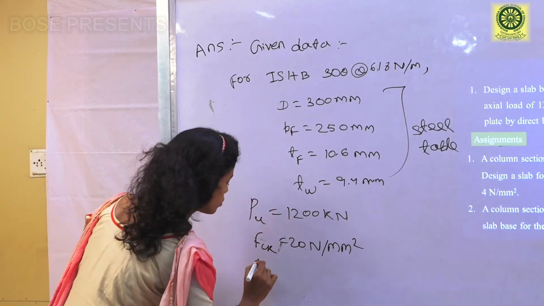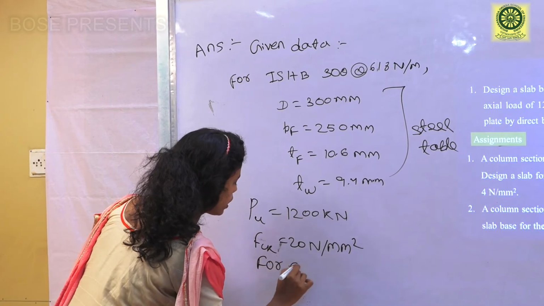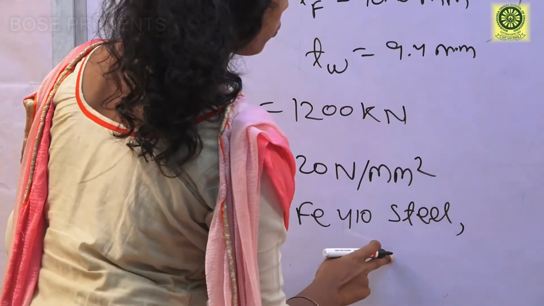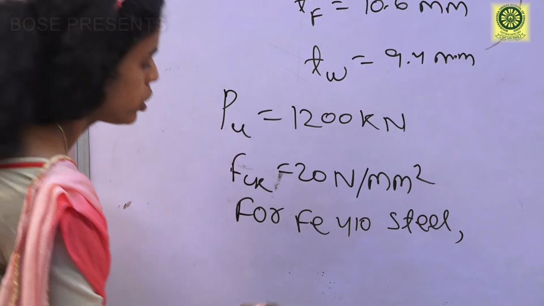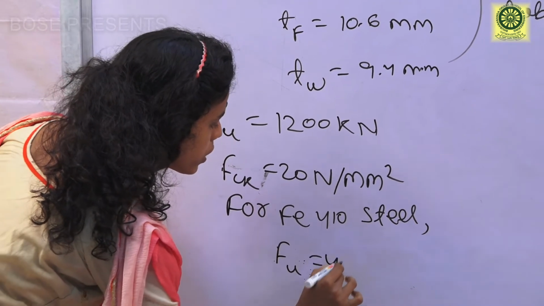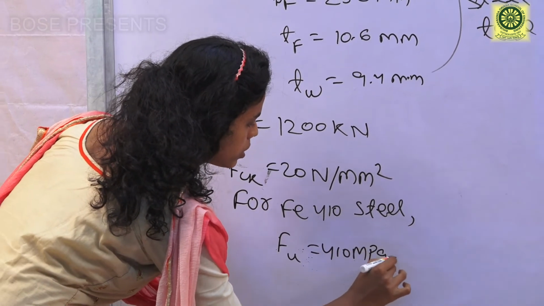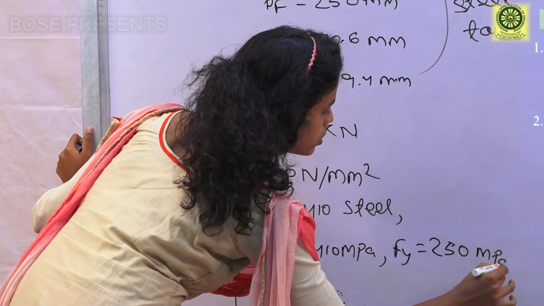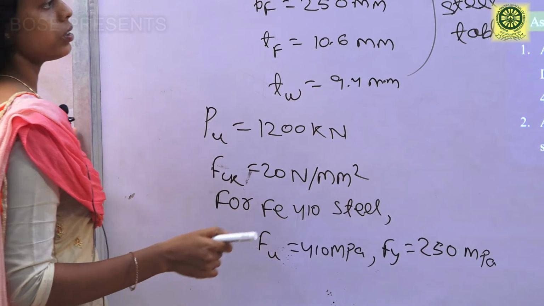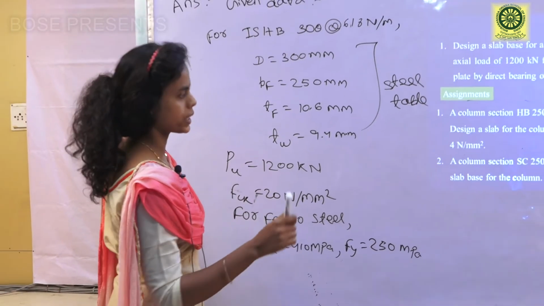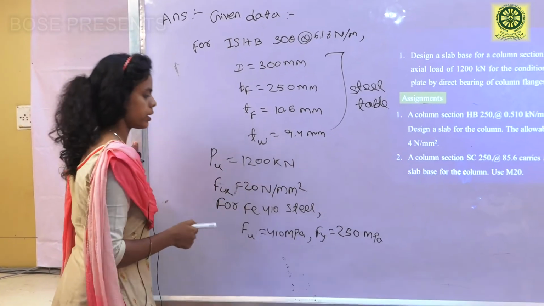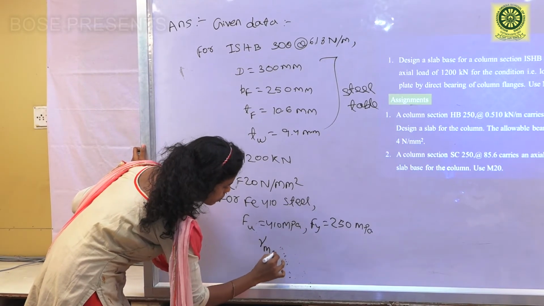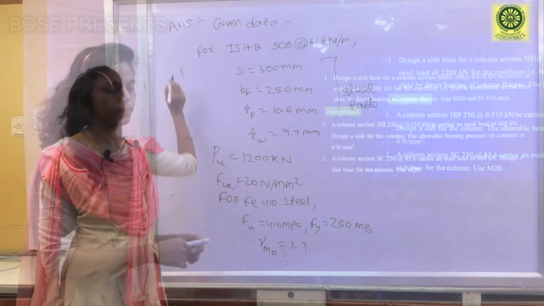Then for Fe 410 steel, we know from the code that fu is equal to 410 megapascal and fy is equal to 250 megapascal. And for thickness of slab base, we need a partial safety factor. The partial safety factor in the code is given in table 3, I think. That is gamma m0 is equal to 1.1. So we know the first step.